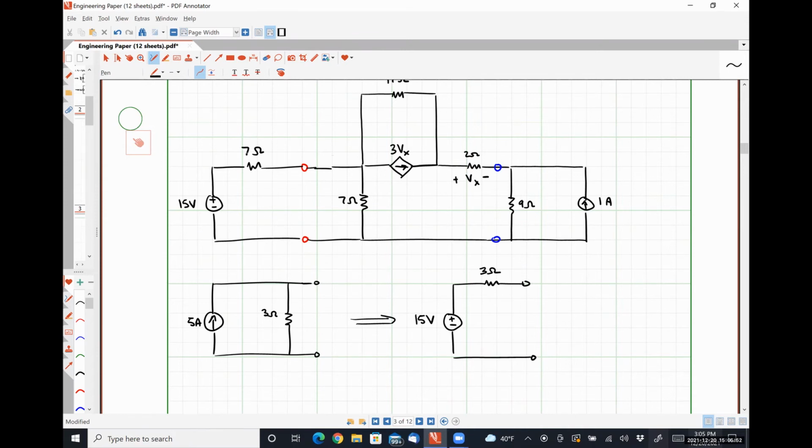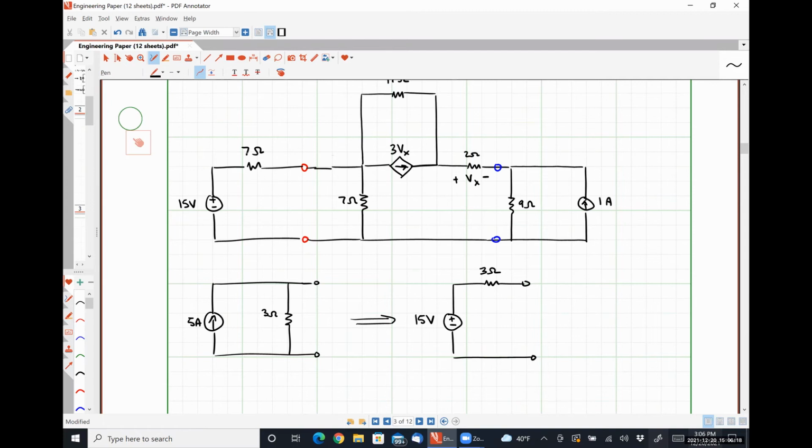If we were so inclined, we could convert that practical voltage source back into a practical current source using the different resistor value, which would put that 7 ohm resistor in parallel with our original 7 ohm resistor, and we could eliminate another something, right?